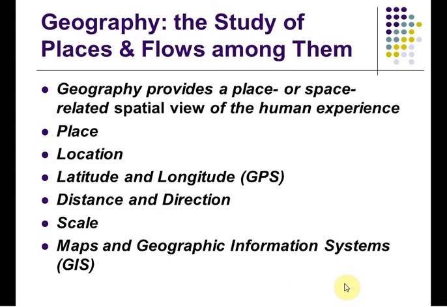Distances and directions are another way of thinking about place. Objects on the Earth, we often think of in relation to other objects. For example, the state of North Carolina is North Carolina as opposed to South Carolina.